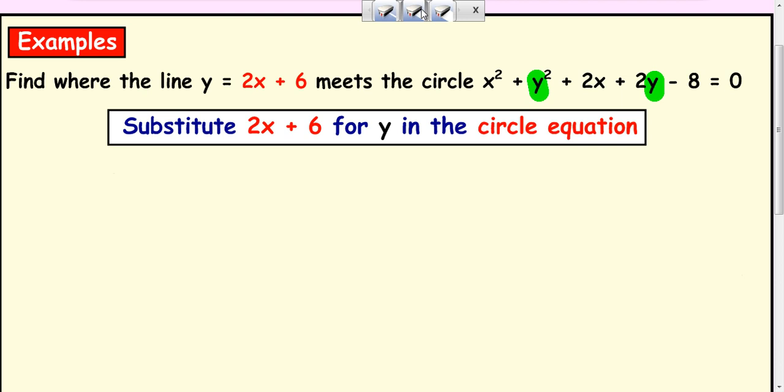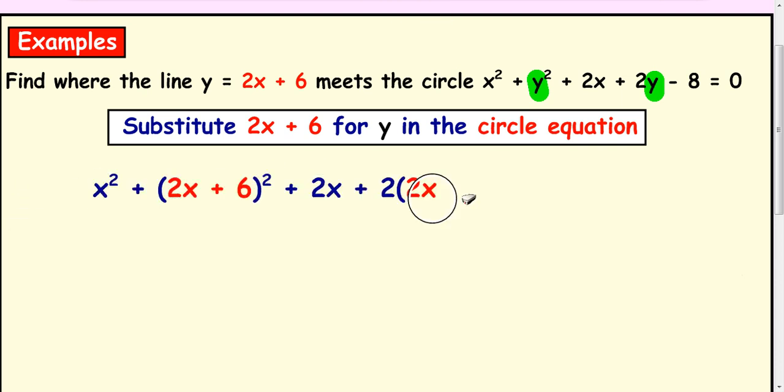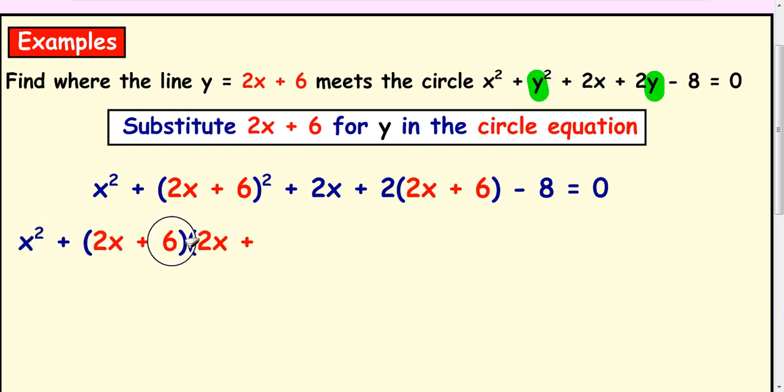So let's see how that's going to look. What we're trying to do is eradicate the y's and just have the x's, and hopefully we get down to something we can work with. So multiply this bracket out by writing it as double brackets. It's easier to do that.